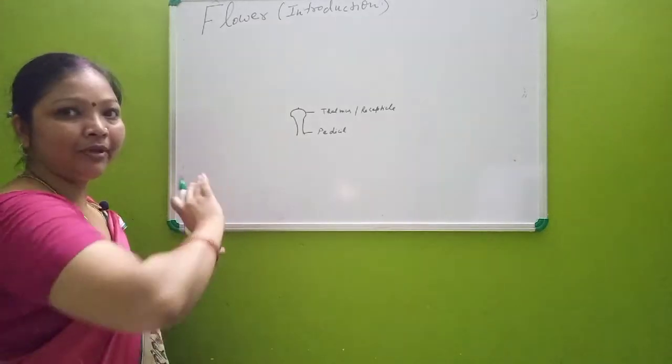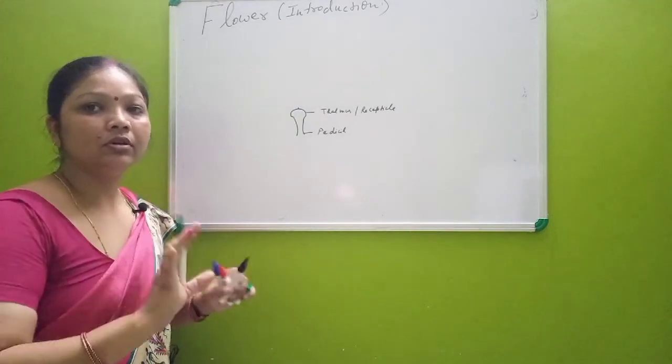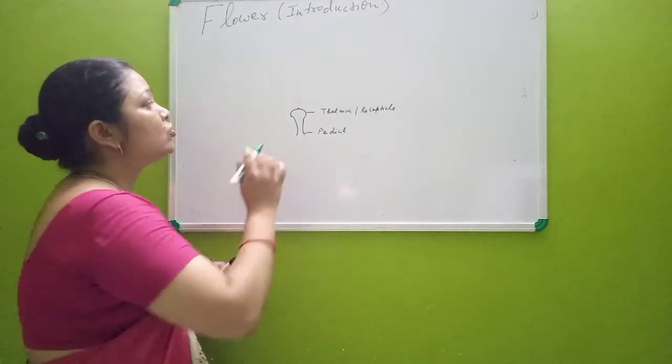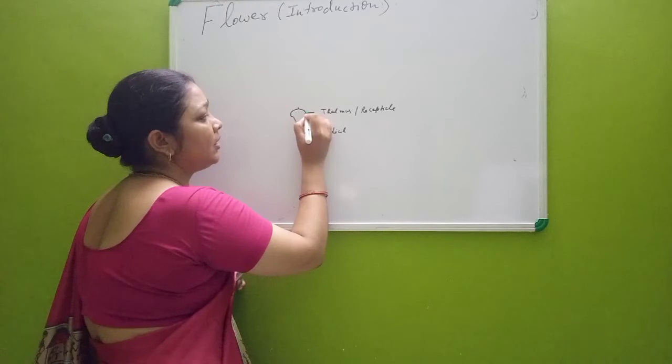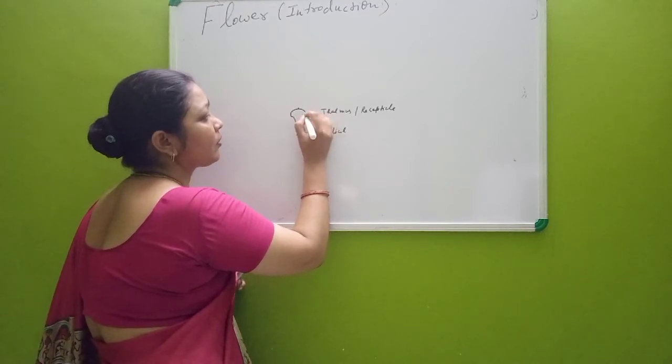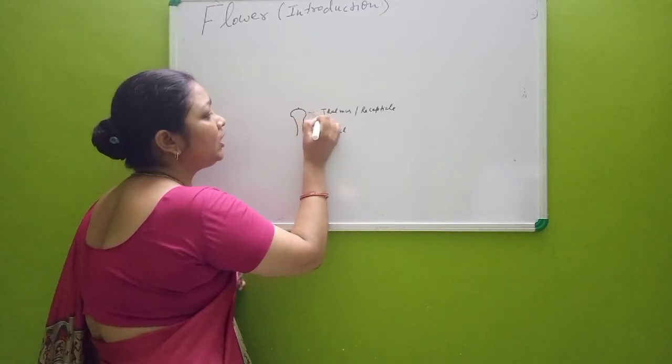Now I am not making a whole flower, I am making just the whorls of a flower. The first whorl attached to the thalamus is a green colored leafy structure.